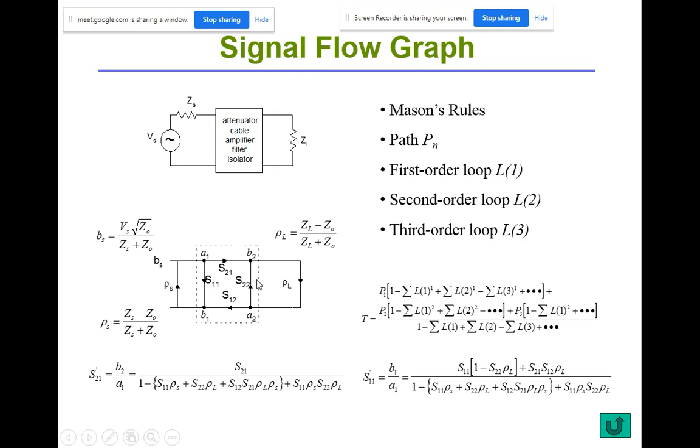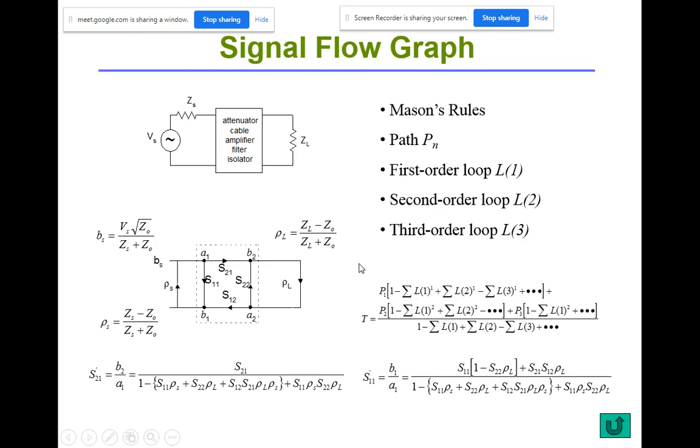The product of these two loop gains is called the second order loops. Similarly, you can have third order loop, fourth order loop, and so on. Third order loop means you take the product of loop gain from three independent loops.